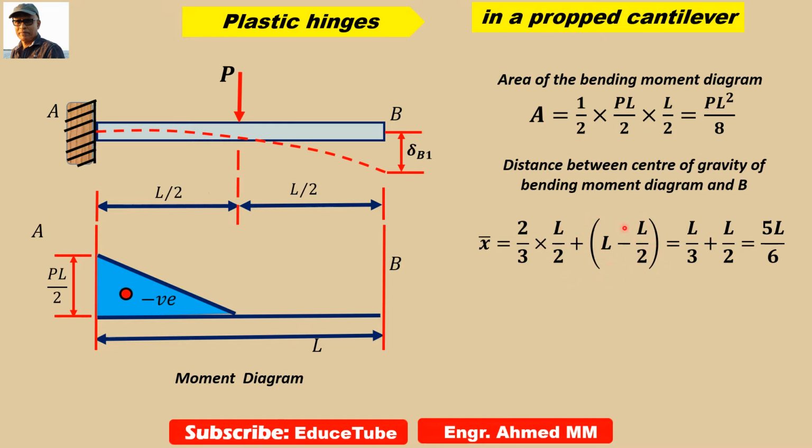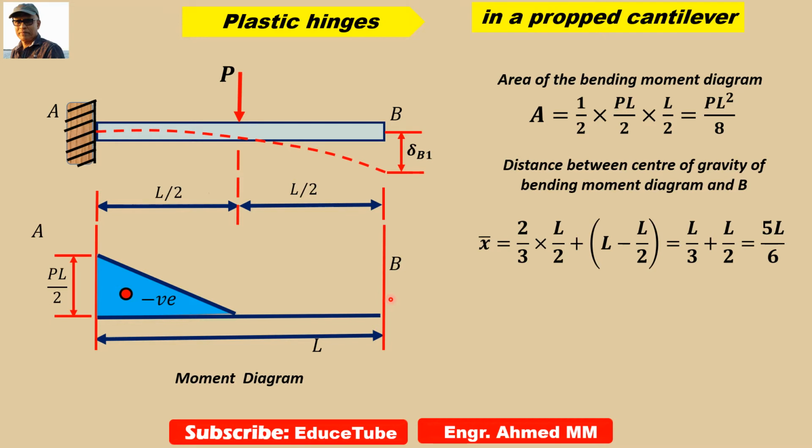I have written in this format because if it were not equal, suppose it is A and B here, then of course for this distance I would have to write L minus A. From that point of view, I wrote L minus L by 2. So this is L by 3, this is L by 2, adding these two I got 5L by 6. This is the distance x bar from the centroid or center of gravity of this moment diagram up to this B.